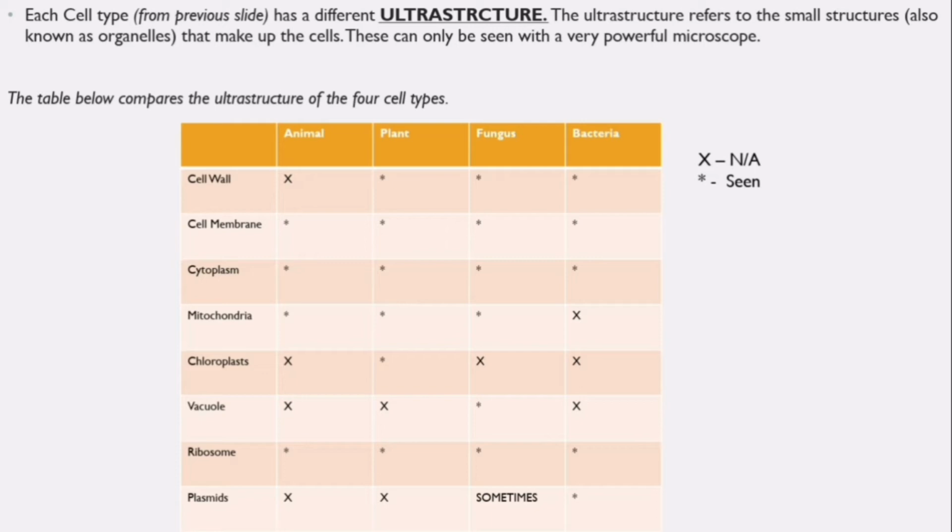In a plant, the only things they don't have are plasmids and vacuoles. In a fungus cell, you have not got a chloroplast, but sometimes you've got plasmids. In a bacteria cell, you do not have a mitochondria, chloroplast, or a vacuole.